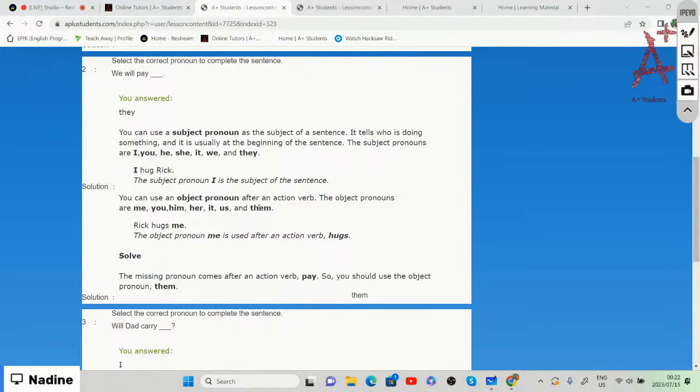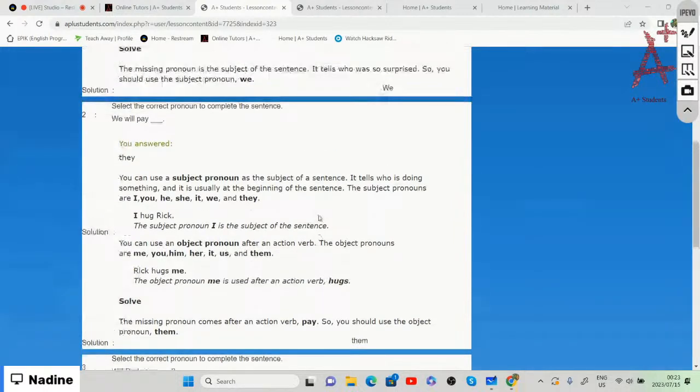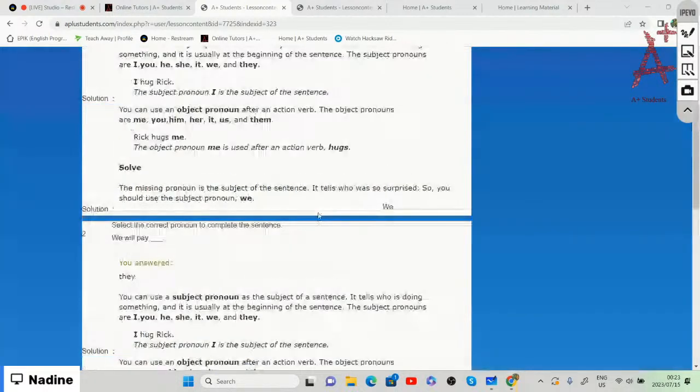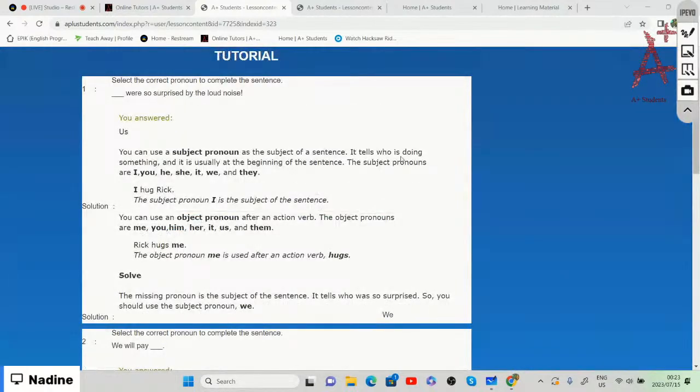And then we also have object pronouns, which come after an action verb. The object pronouns are me, you, him, her, it, us, and them. So we went over a few examples where we had to select the correct pronoun to complete the sentences.